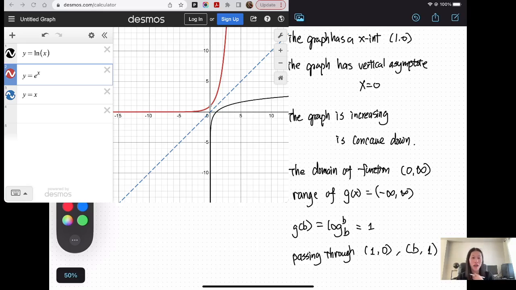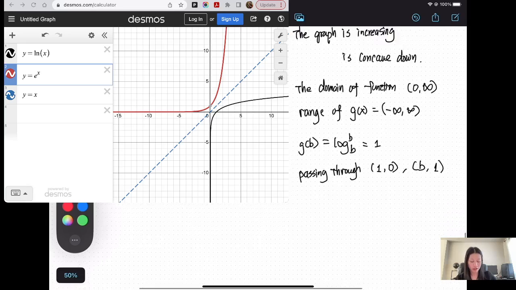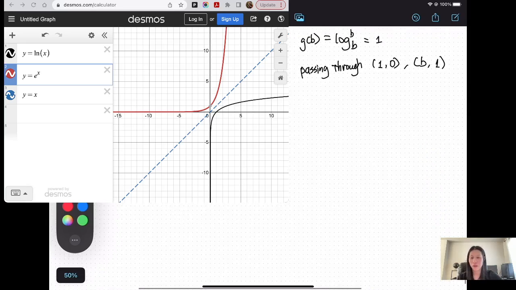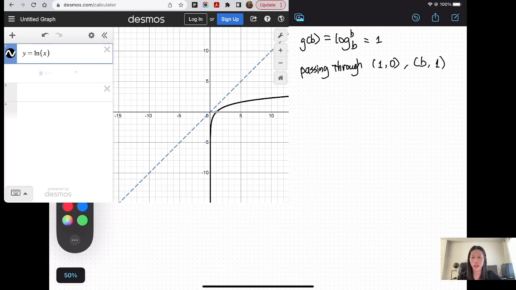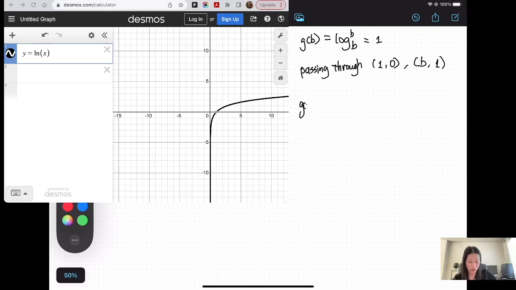Another thing is, how do we graph a logarithm function? This is similar to transformations. We can apply transformations to the graph of a logarithm function. If I give you the natural log function and I want you to graph g of x equals ln x plus 2, what does the function look like?